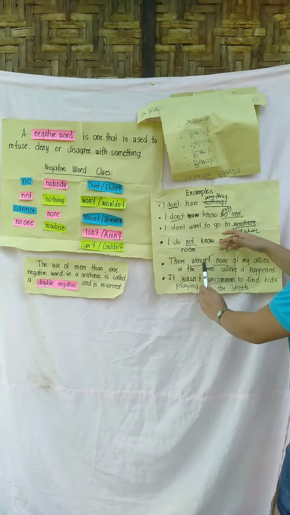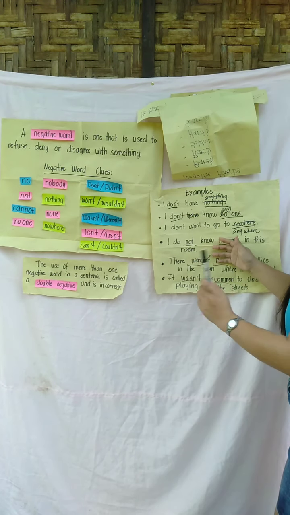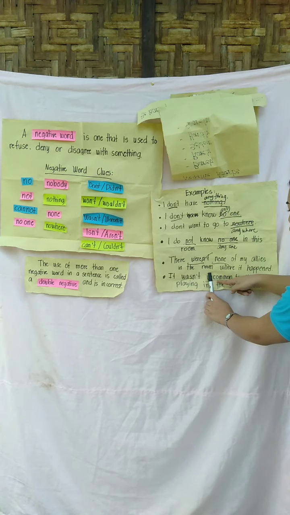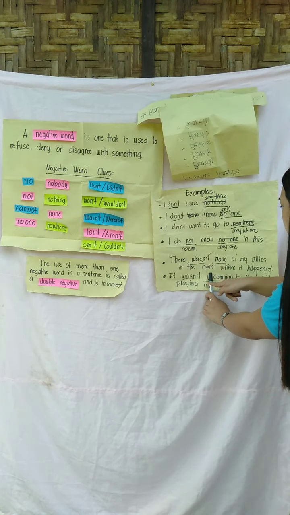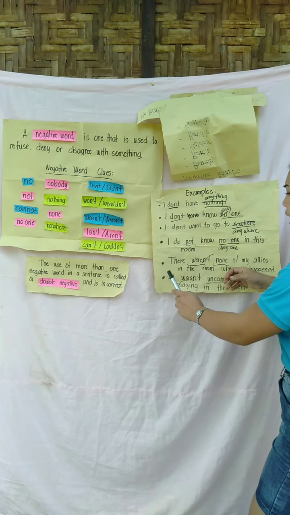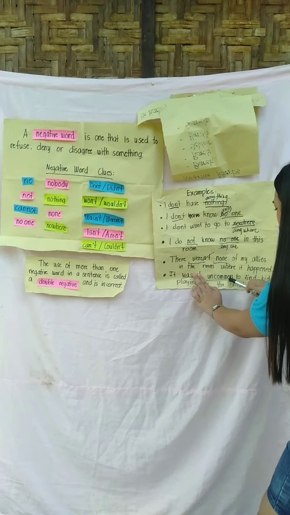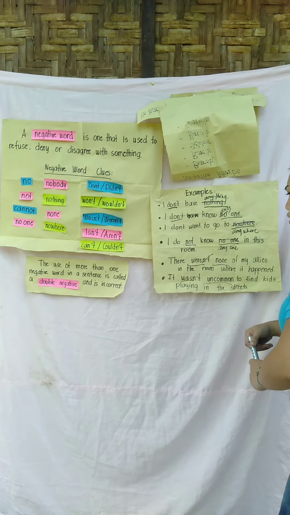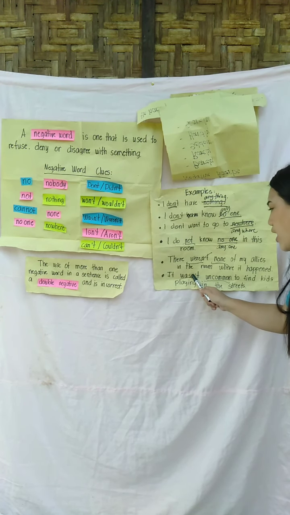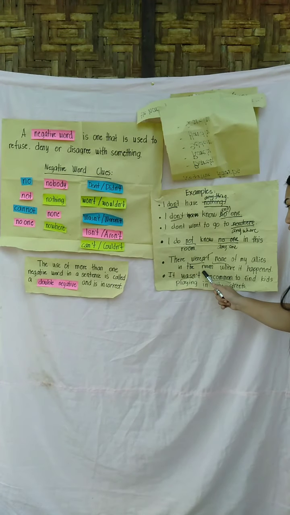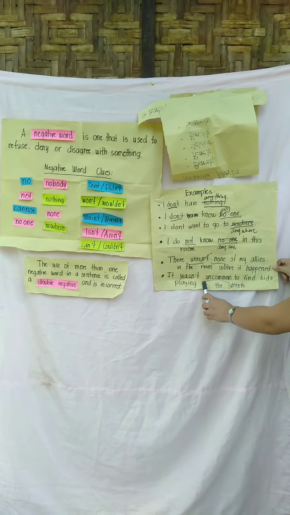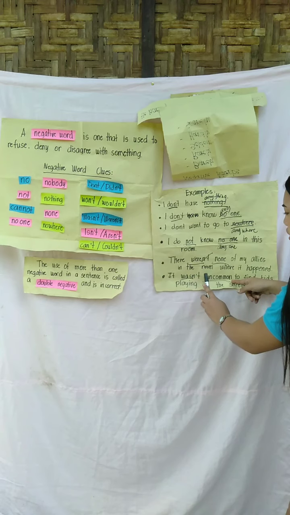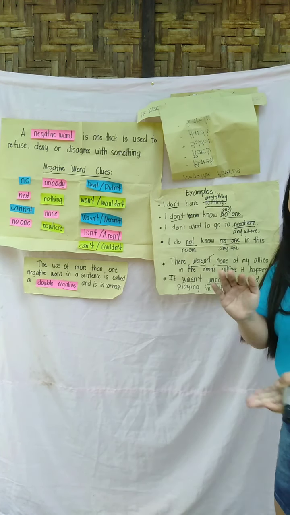Either the correct sentence is: it wasn't common to find the kids playing in the streets, or: it was uncommon to find kids playing in the streets. Do you get the point? We can erase wasn't if we want uncommon to remain: it was uncommon, or it wasn't common. Do you get the point?